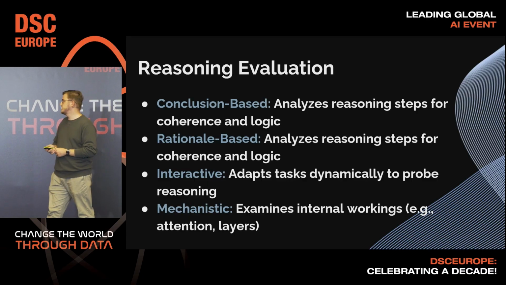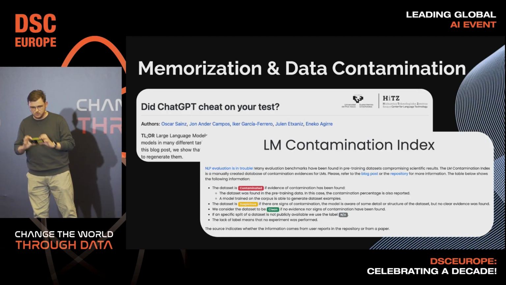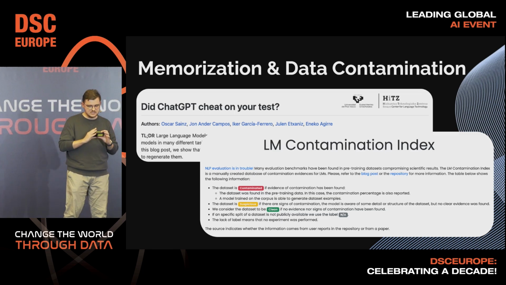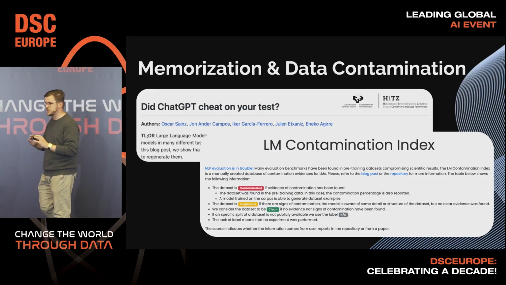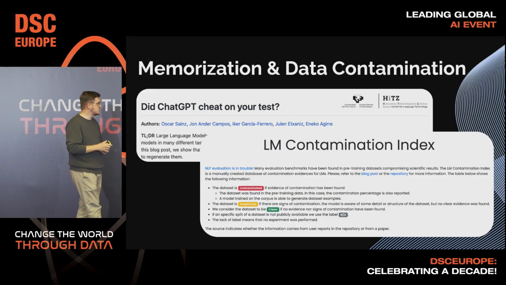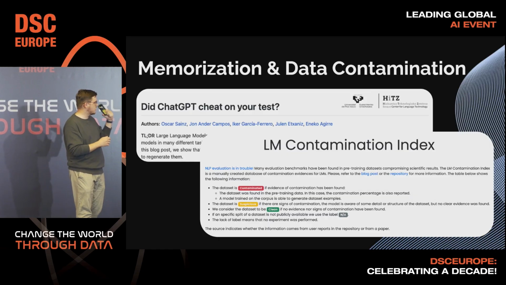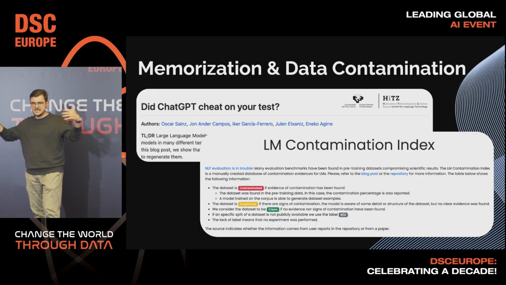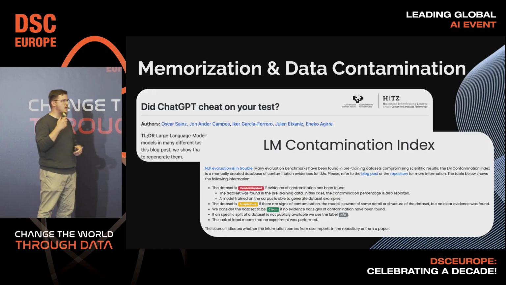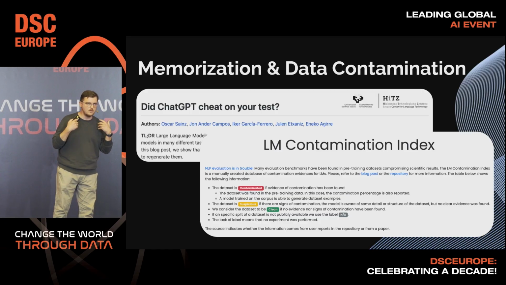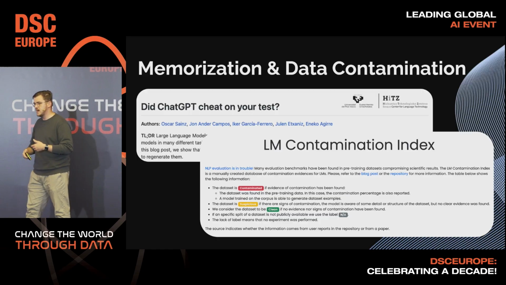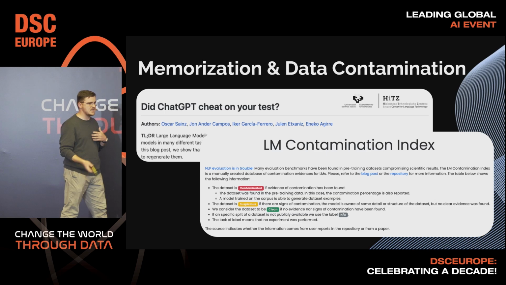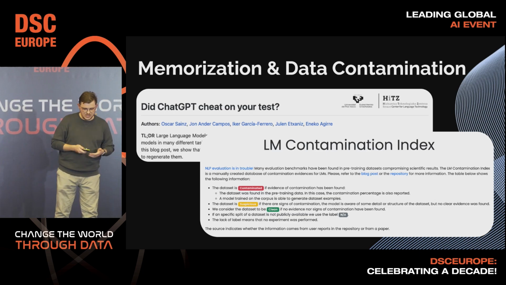But the problem with reasoning evaluation is that, unfortunately, there exists a problem called data contamination, and it's directly connected with the memorization of information by language models. There is quite a good resource you can find online called the LLM Contamination Index, which is essentially a table that shows how exposed different corpora were for different models, at what percentage, and what subset of a benchmark was leaked.